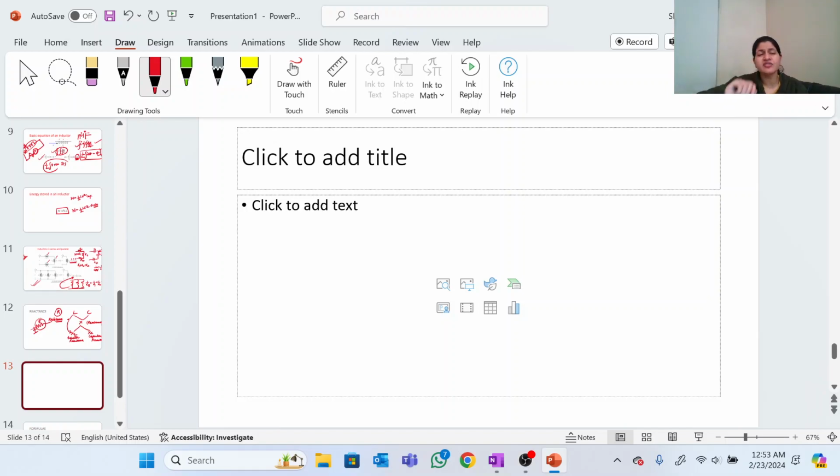So as resistance is opposing the flow of current, the capacitor is trying to oppose the sudden change in voltage, and XL is trying to oppose the sudden change in current.